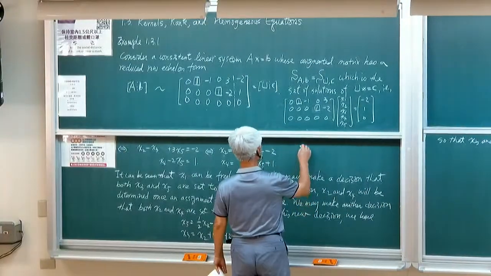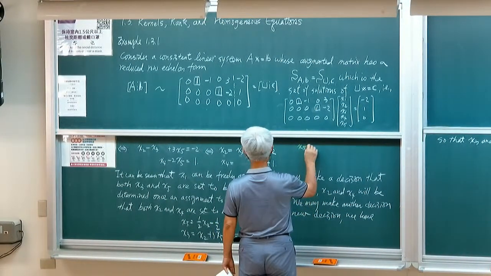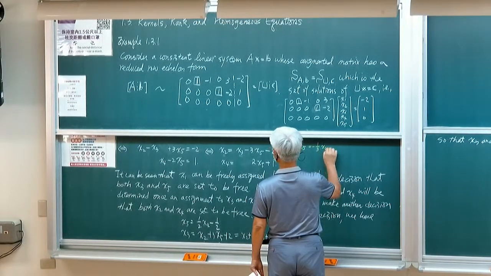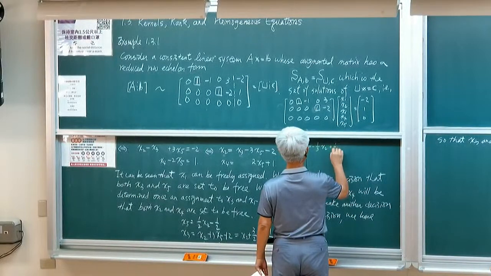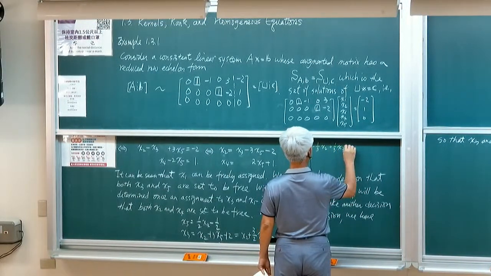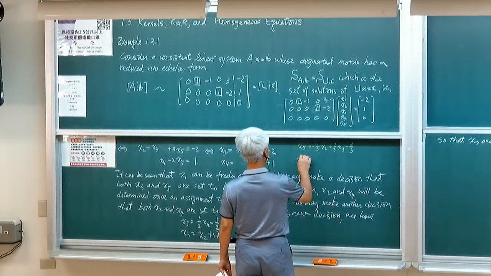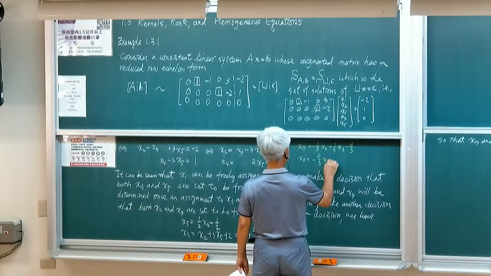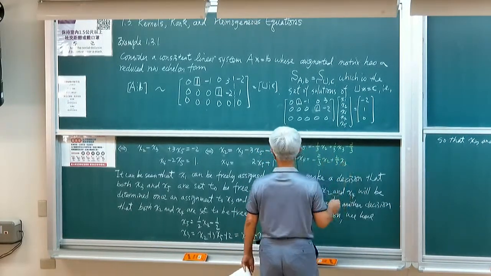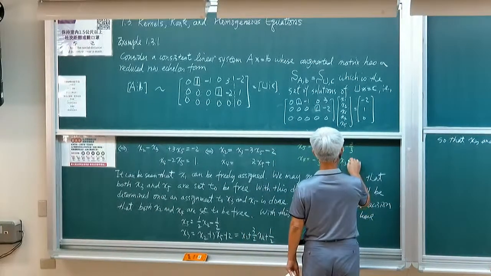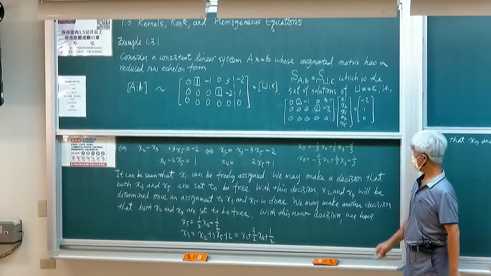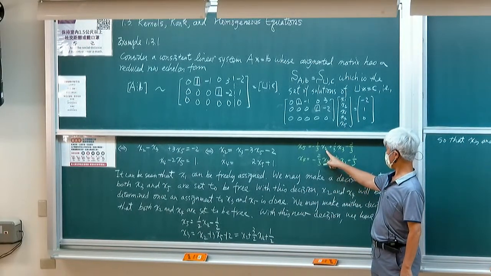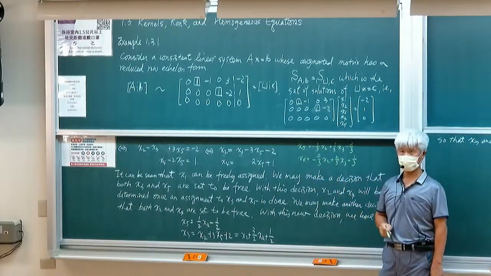So if you set x2 and x3 free, then once you assign values for x2 and x3, x4 and x5 will be determined.